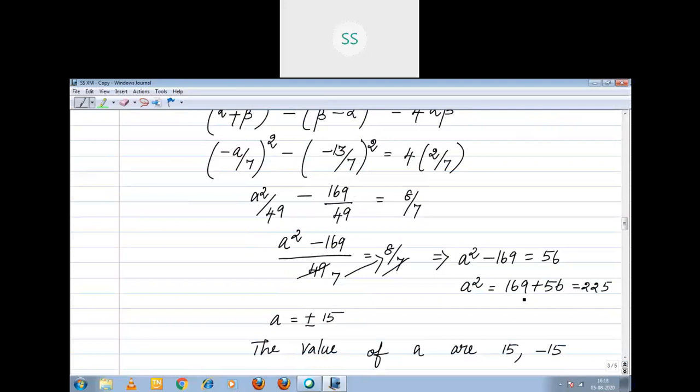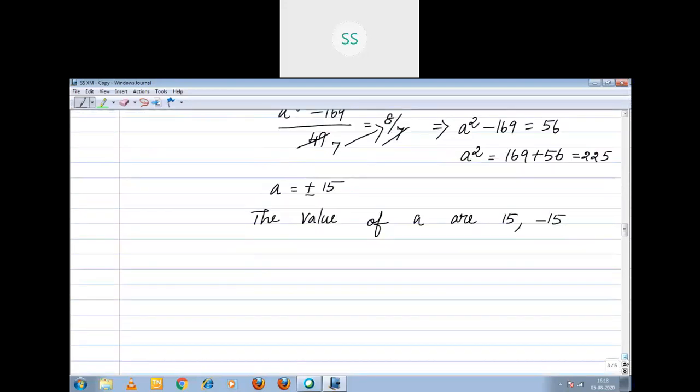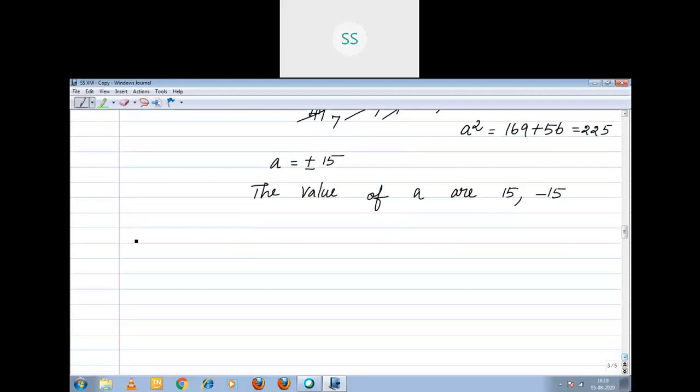Yeah. Now you see question number 5. What is given, you see question number 5. Any idea? You have to read at least.